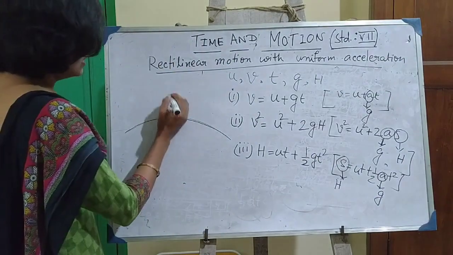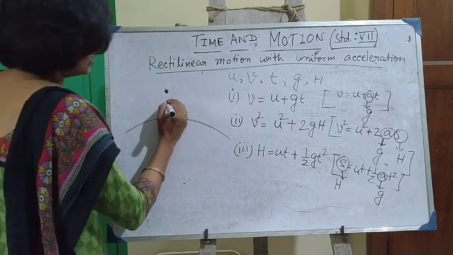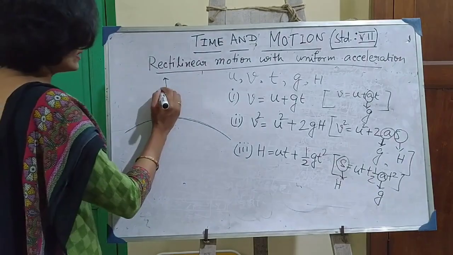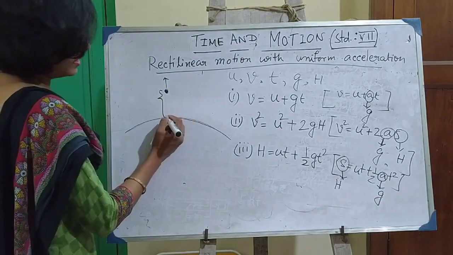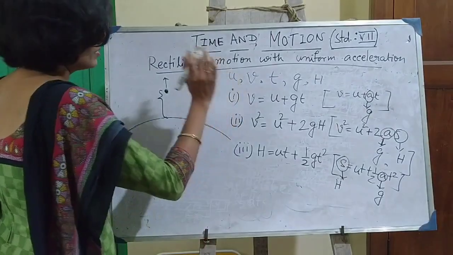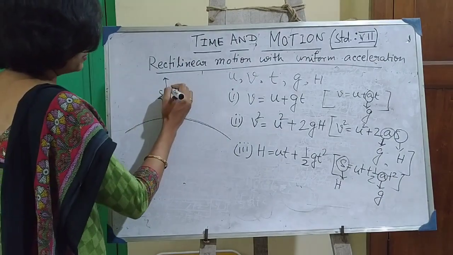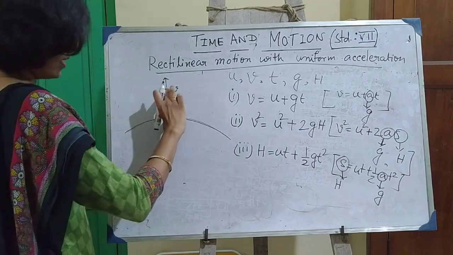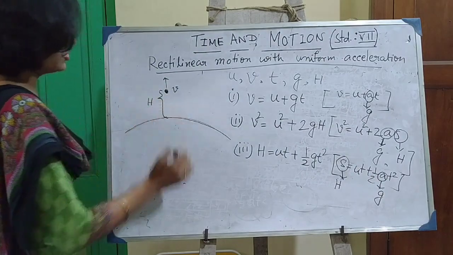So at this instant, when the body is near the surface of Earth, its initial velocity is u. Final velocity at this position is v. The vertical height of the body from the surface of Earth is h.